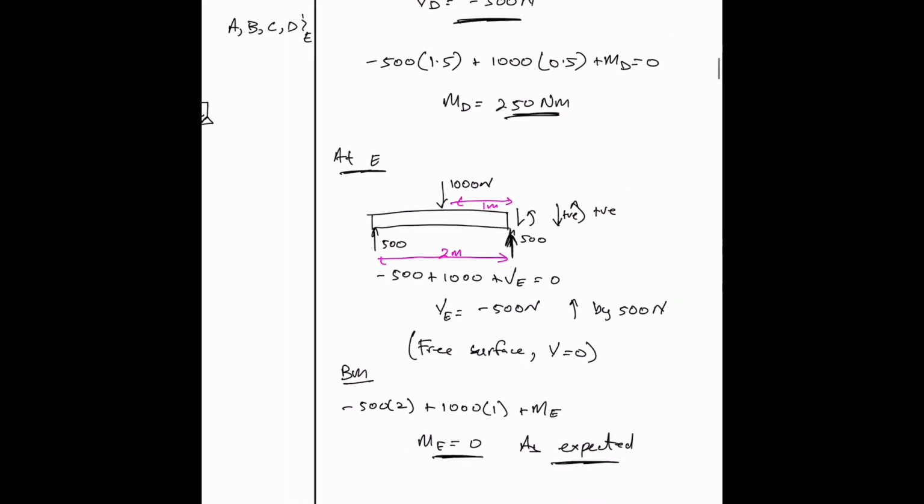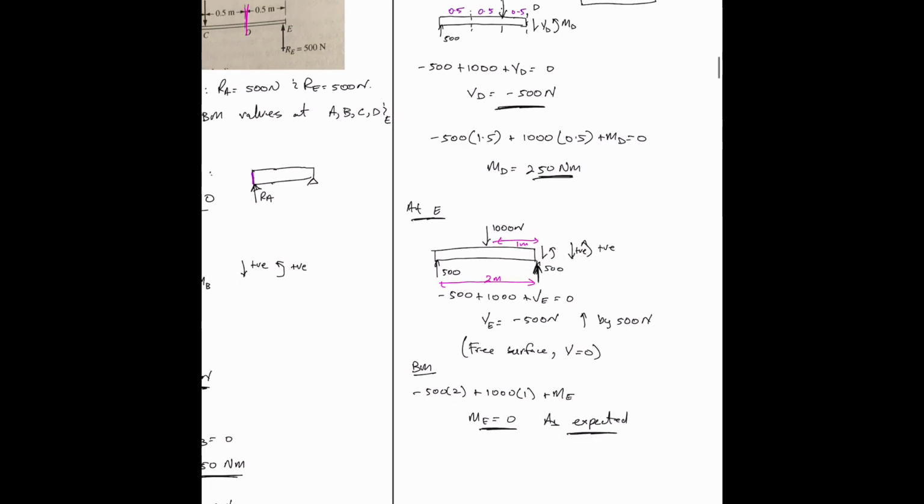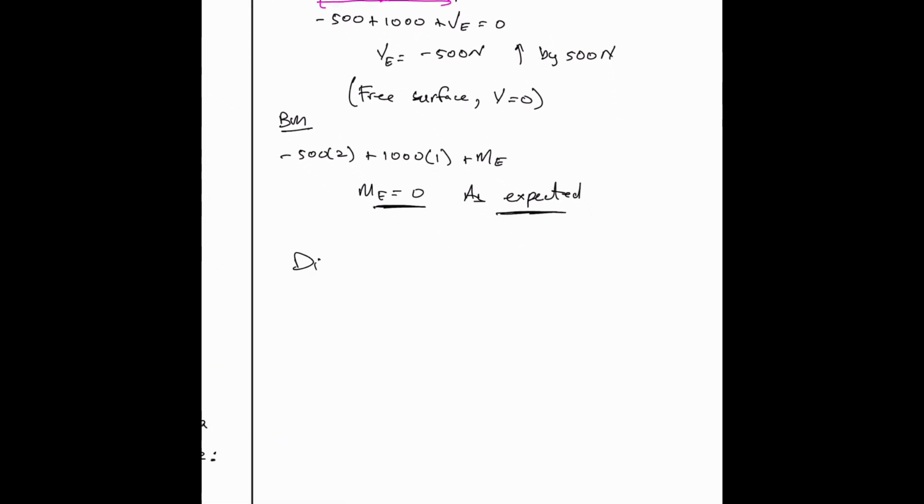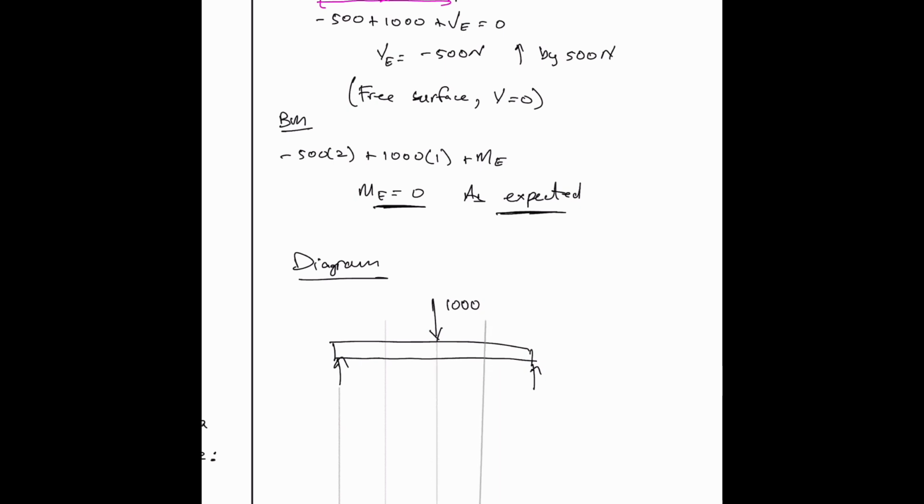Alright, so if we need to draw this on a graph now, you start off with your beam, you start off with the points you want to know the values at, and you can just draw some guidelines.